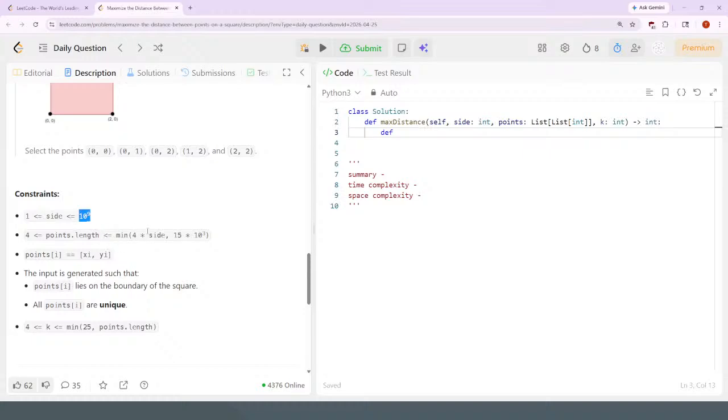Okay, so it's like 4 times 10 to the 9th, or 15 times 10 to the 3rd. So it is at most 15 times 10 to the 3rd. Is that right? The minimum between those two values. Yeah. At most 15 times 10 to the 3rd.